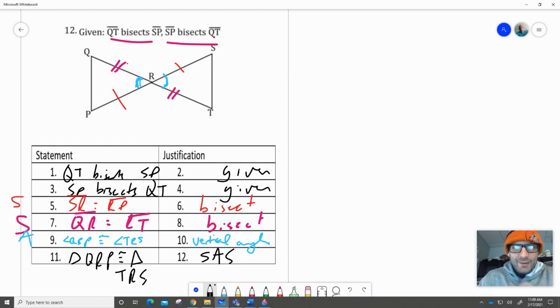Again, a proof is just sort of a scientific method type thing in geometry where we organize all of our information in order to solve for that.